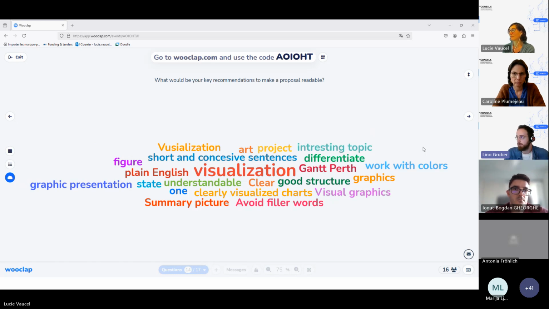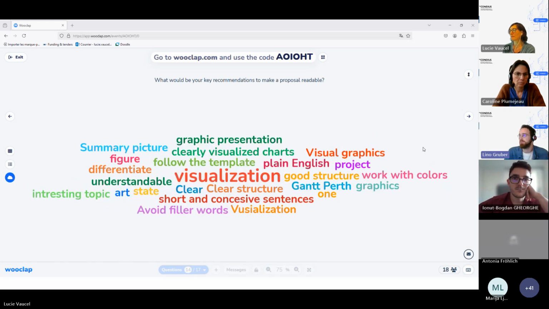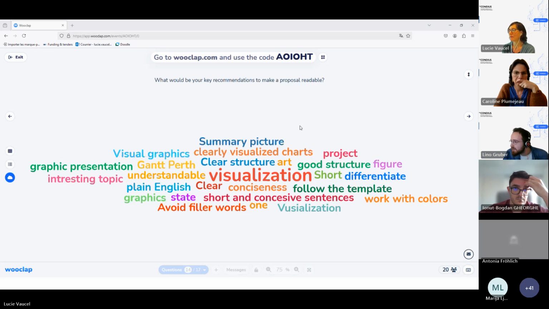Okay, overall, you're all centered around visuals and structure, which is a good inspiration, because it's mostly what we are going to discuss. What else? Short and concise sentences.